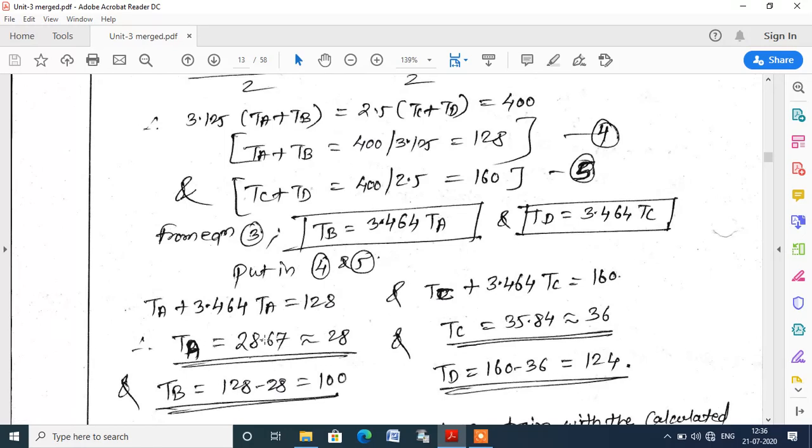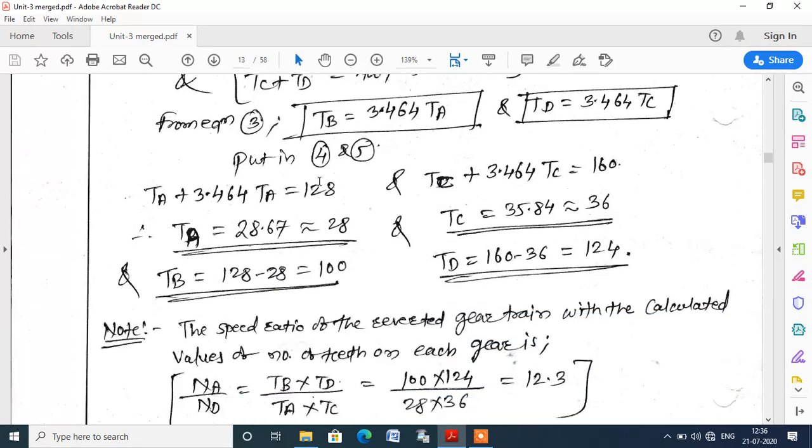Number of teeth cannot be in fraction, so instead of 28.67, here it is taken as 28. Tc is 36, Tb is 100 and Td is 120. Here no gear has less than 24 teeth, so that condition is also satisfied.